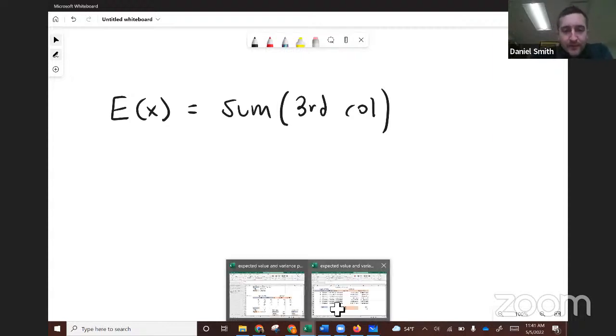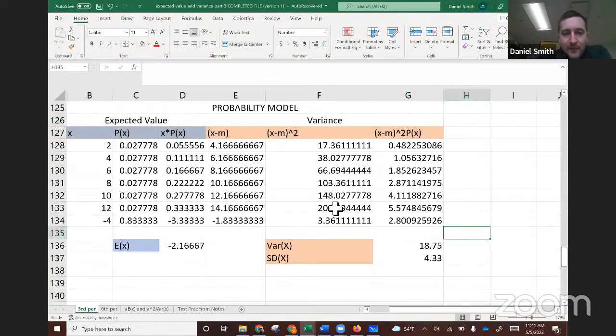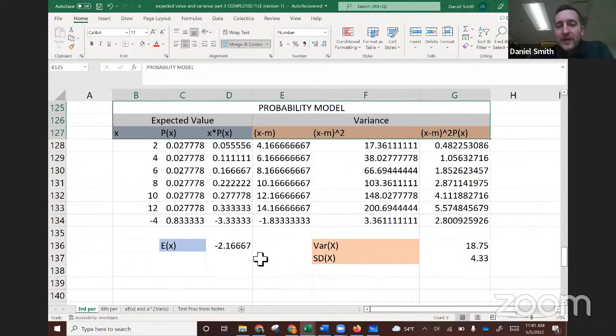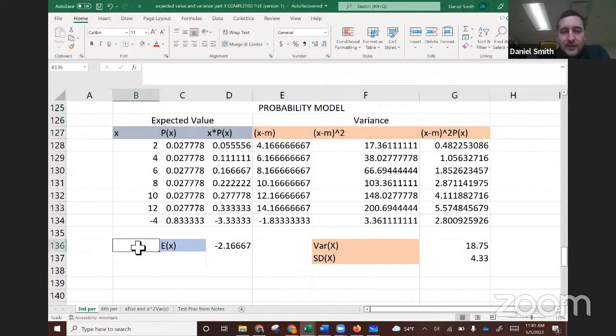I'm talking about this one. We set up this probability model, Mr. Regan and I, to kind of walk you through the process. And look what that third column is. The third column is X times the probability that occurs. And the expected value is the sum of all of these.